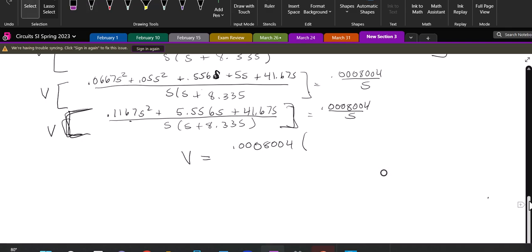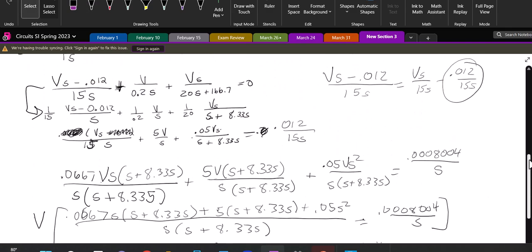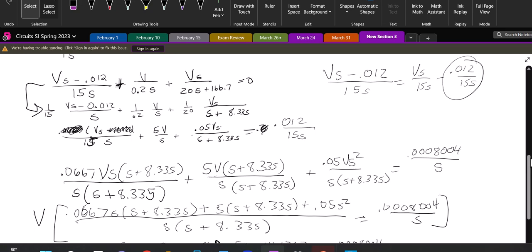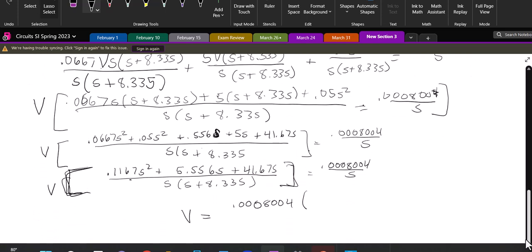That was the 0.012 divided by 15. Okay, so that should really just be 0.0008. Just 3 zeros and an 8, so we don't need to worry about the 4, but still, okay.